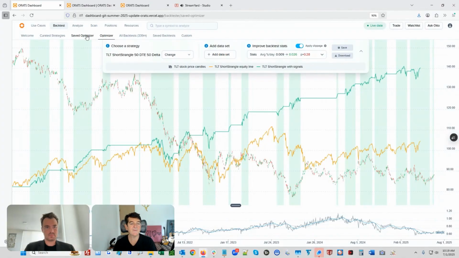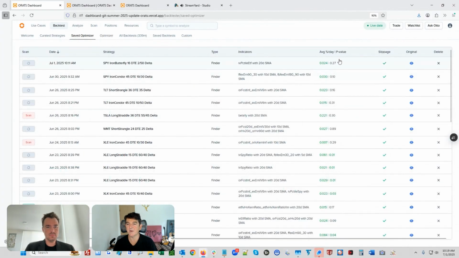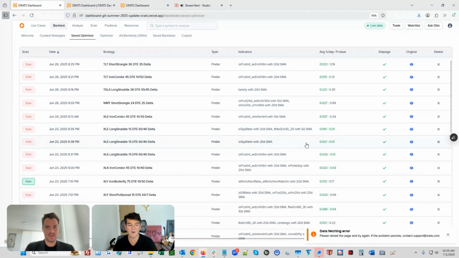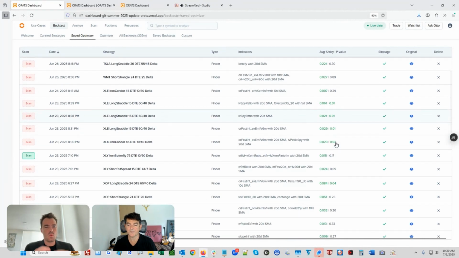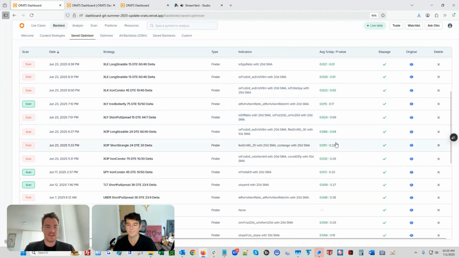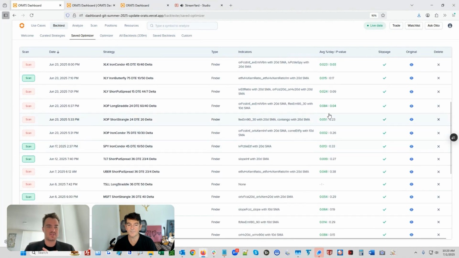But I have some saved optimizers that have some decent p-values. Here's a 10% one. Here's a 1% one for XLE. So essentially there's a 1% chance that indicator has a random effect on the backtest to achieve that average percent per day. So that's pretty good. Yeah.